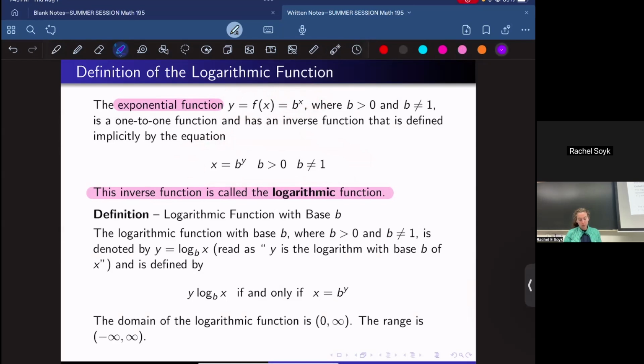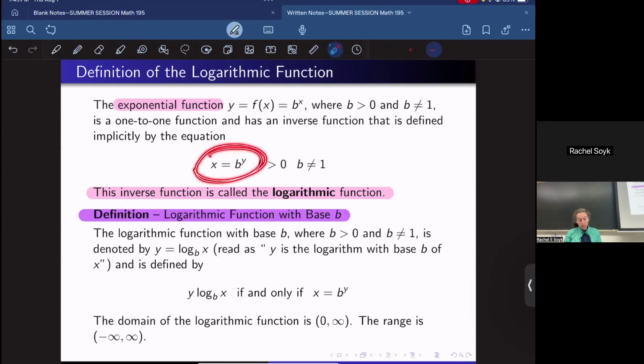Now jumping into our definition of our log function, we can represent this form right here of our logarithmic function is known as our exponential form. But we can also write that as our logarithmic form, which is what we have down over here.